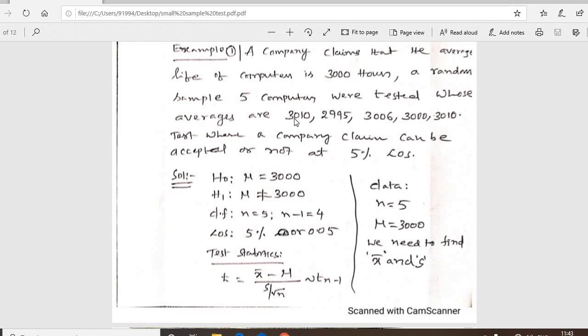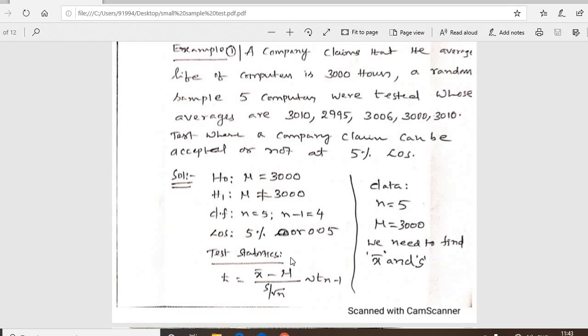The n value is 1, 2, 3, 4, 5, so n equal to 5. We have to find x bar, and mu is 3000. The level of significance given is 5%, that is 0.05.